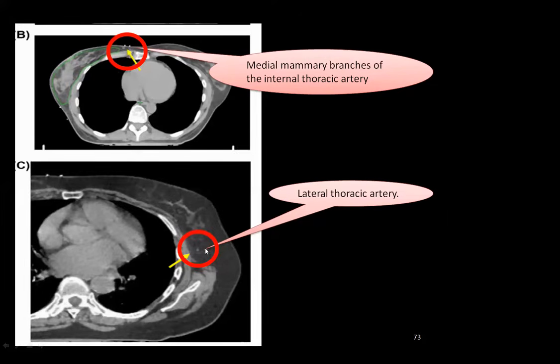And this is the lateral thoracic artery. You have to remember these two arteries, and when doing simulation for breast cancer, with contrast you have to contour these two, so remember these two boundaries.